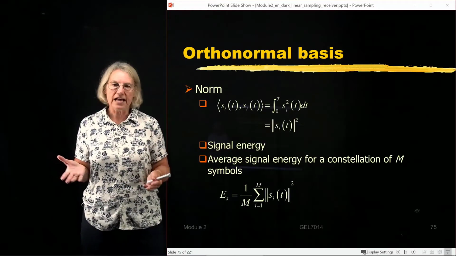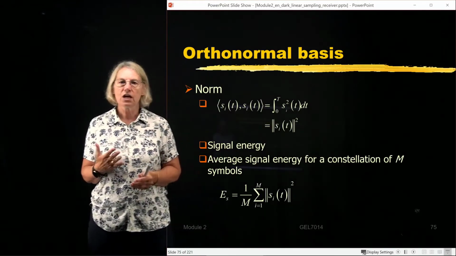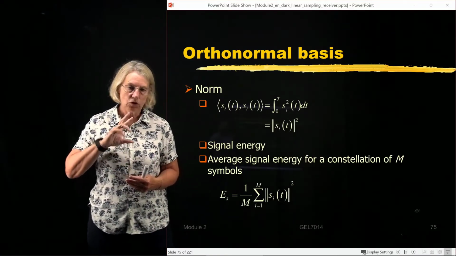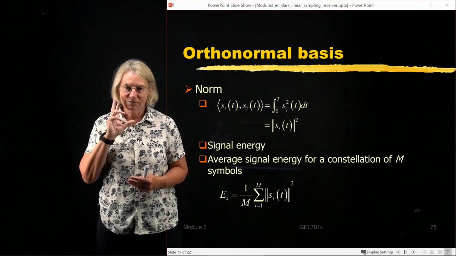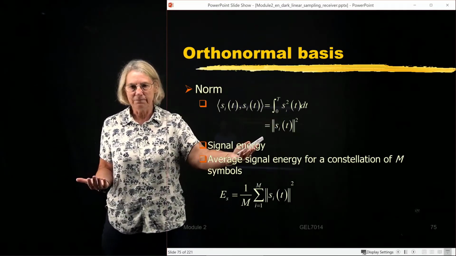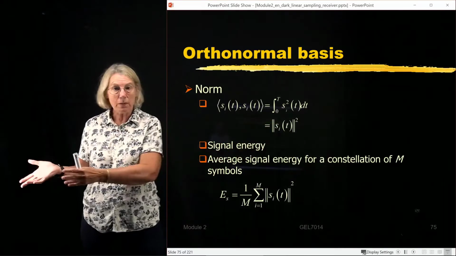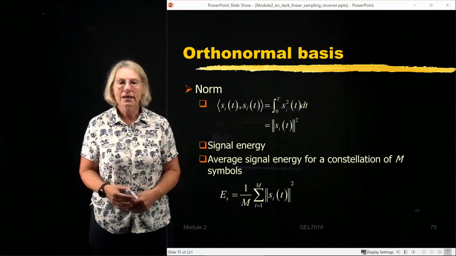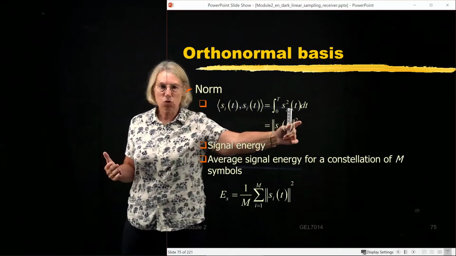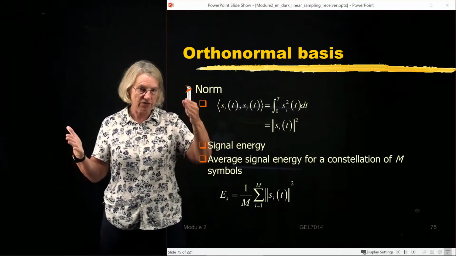If we think of S_i(t) as being a voltage versus time, which is passed through a unit resistance, then what this equation gives me is a signal energy. But it's also, in vector space, what we call the L2 norm. The L2 norm is the square of the length of the vector. So if I had no square here, that would be the representation for the length of the vector in the vector space.